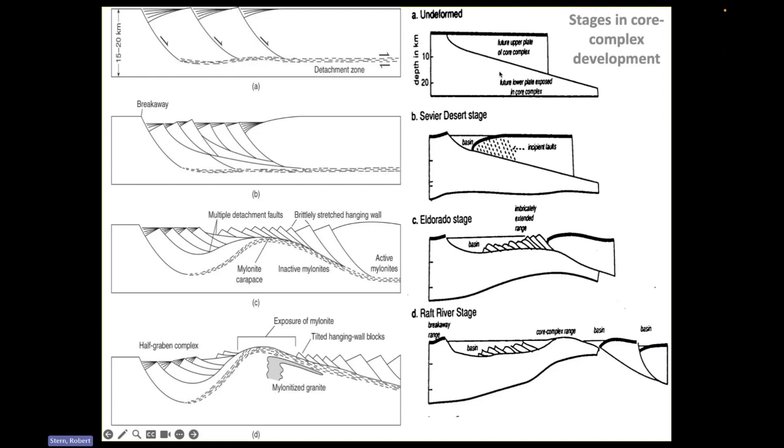So maybe that's part of what's contributing to this heating and ductile flow. And then as extension continues, you start to get these normal faults which flatten with depth, right? And then we get a core coming up here.